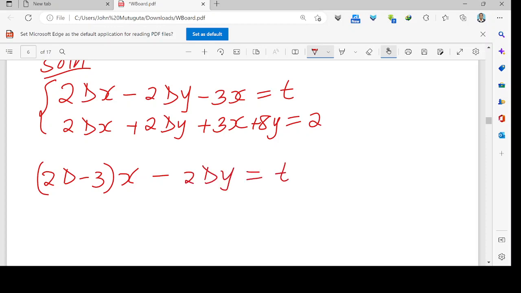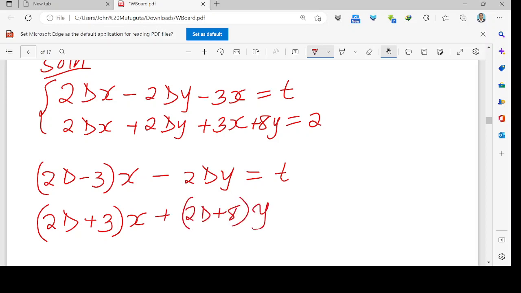In the second equation, we have x in this term and this term, so we write 2d plus 3 operating on x. Then y appears also in two terms. If we factor out y, we have 2d plus 8, y is equal to 2. So this is how our system will look.